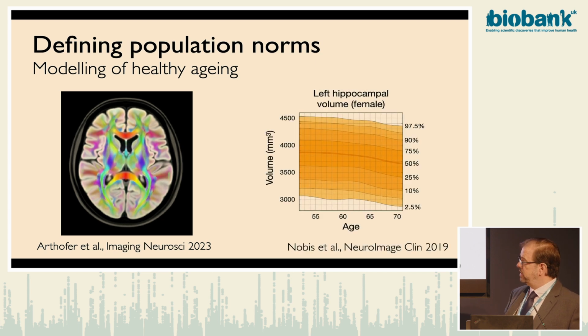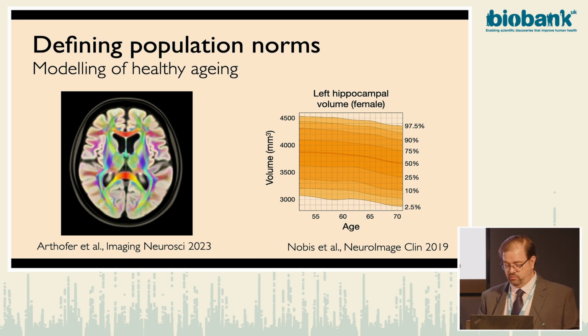But also we have created nomograms that can be used by clinicians. And for example, in this case, if a clinician knows the volume of the left hippocampus of a female patient, we know, depending on their age, the percentile in which that patient would be. This can be useful for diagnosis for clinicians.